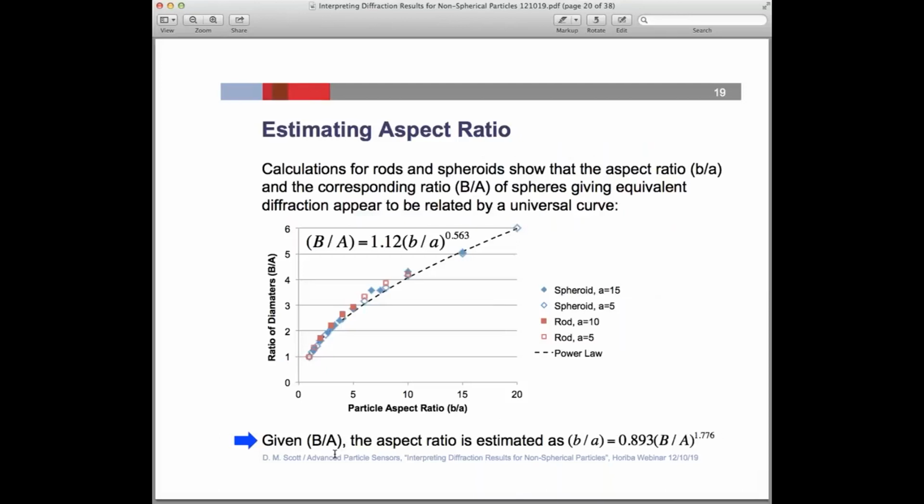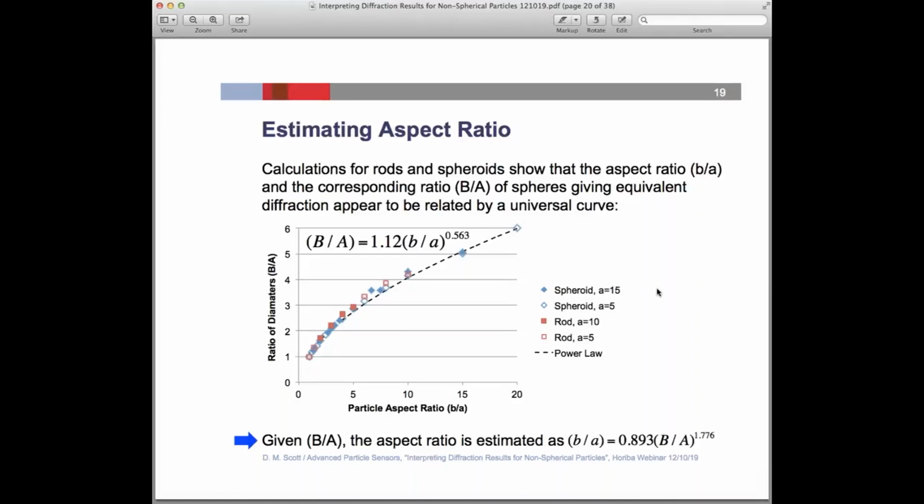And in fact, you can take this one step further and look at, for instance, estimating the aspect ratio. These are calculations that I've made on a number of different shapes and sizes, and it turns out that the particle aspect ratio, shown at the bottom here, is actually related to the ratio of these two diameters through a power law shown here, and this appears to be universal, which is a nice result.